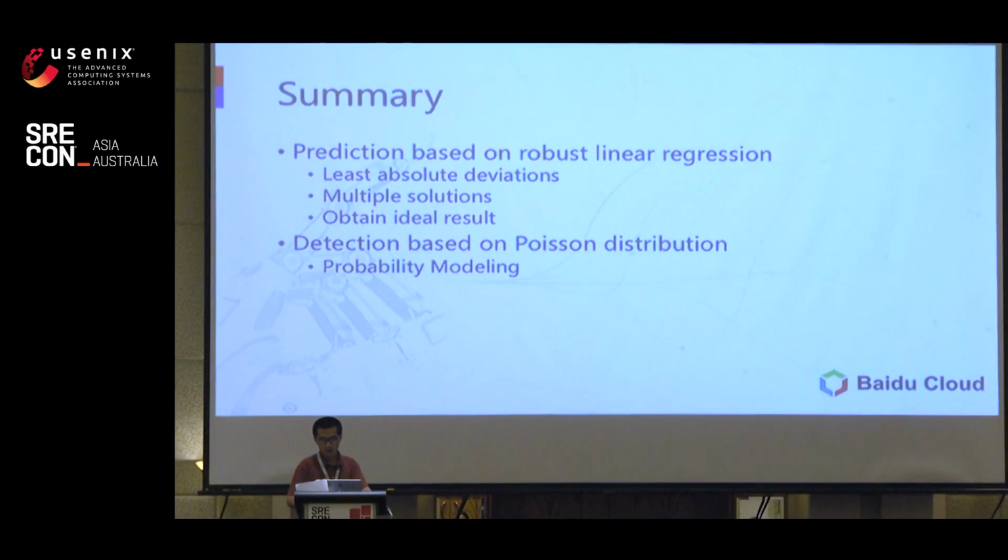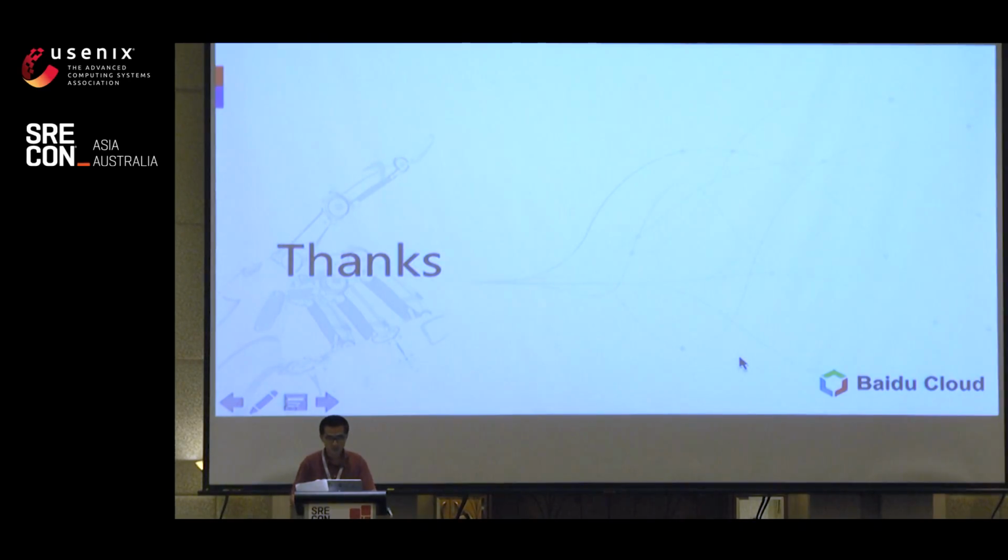And then we solve the problem of multiple solutions to obtain the ideal result by prior knowledge. The detection step models the observed PV number using the Poisson distribution. We transform the residue into the z-score, and the z-score is free from the impact of time. At this point, the contextual detection problem is reduced to an easier context-free detection problem. Okay, that's all.